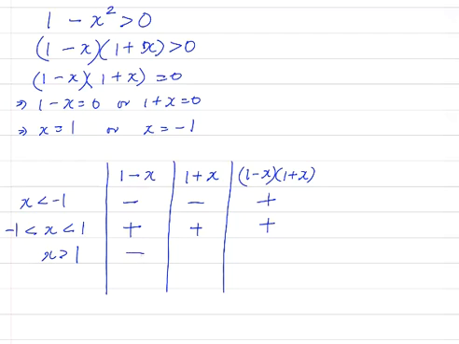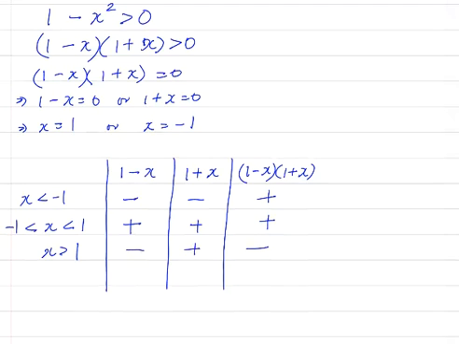Negative. And 1 plus 2 would be positive. Negative times a positive is a negative. Right, I think I see where the problem is. I think the problem is with the first line.